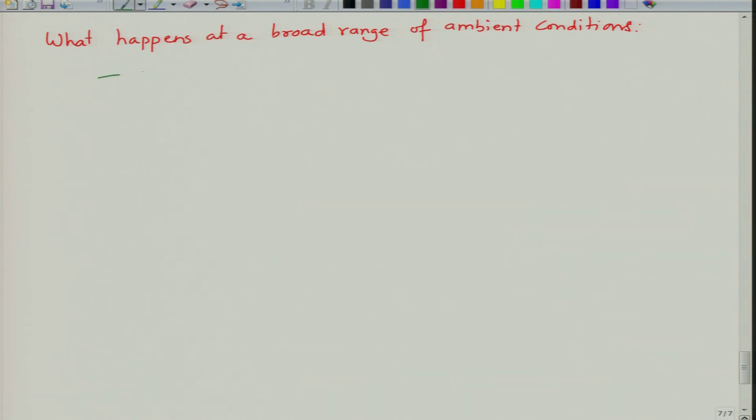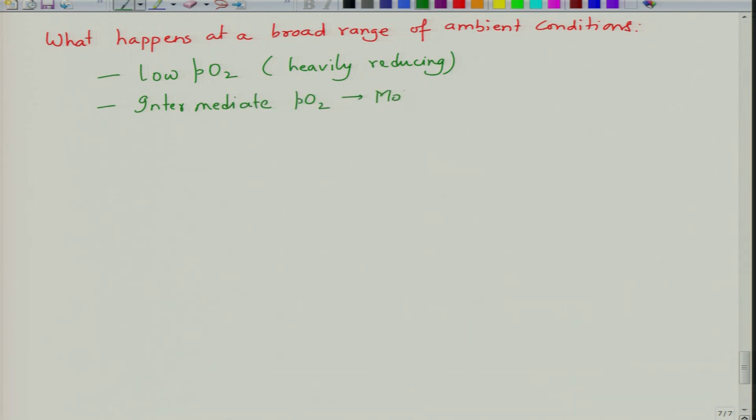The first condition can be low partial pressure of oxygen, which means heavily reducing conditions. Then you can have intermediate PO2, which means it is moderate, or we can say ambient sort of conditions. It can depend upon the oxide, but let us say it is ambient for the case that we have. And then we have high PO2, which is heavily oxidizing.